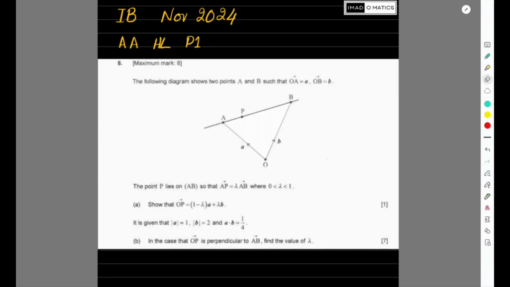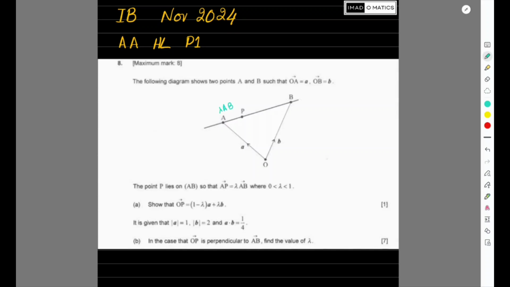Guys, it's question number 8, which states that the following diagram shows 2 points A and B such that OA is A and OB is equal to B. The point P lies on AB so that AP is equal to lambda AB, where the value of lambda is between 0 and 1.